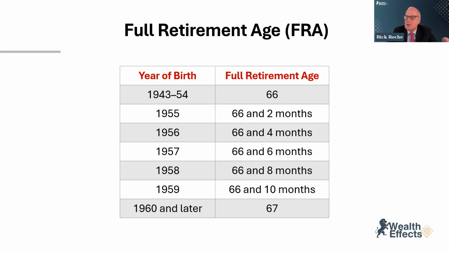For those individuals born between 1955 and 1959, in order to get their full primary insurance amount, they had to postpone receiving it to ages 66 and 2 months to 66 and 10 months. Anyone born 1960 or later, your full retirement age is 67.